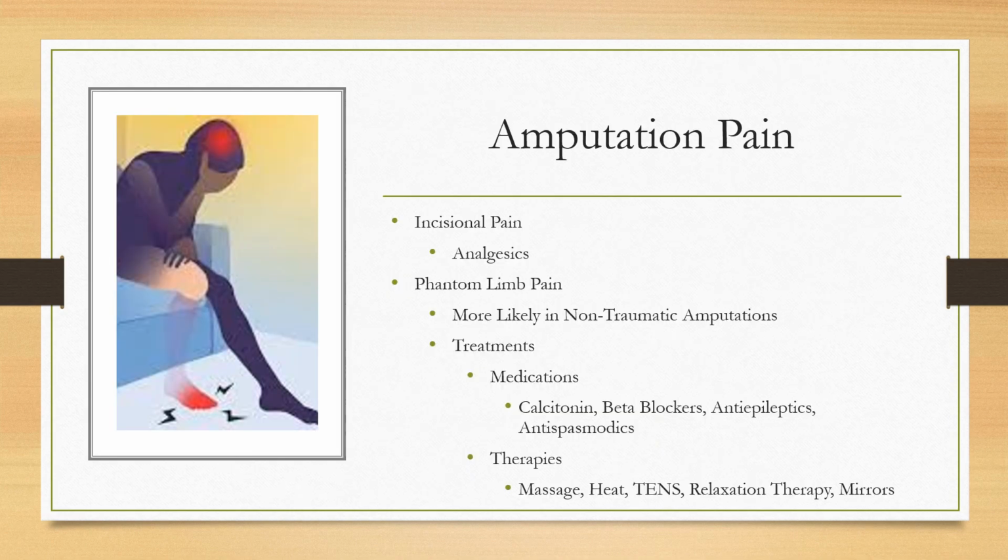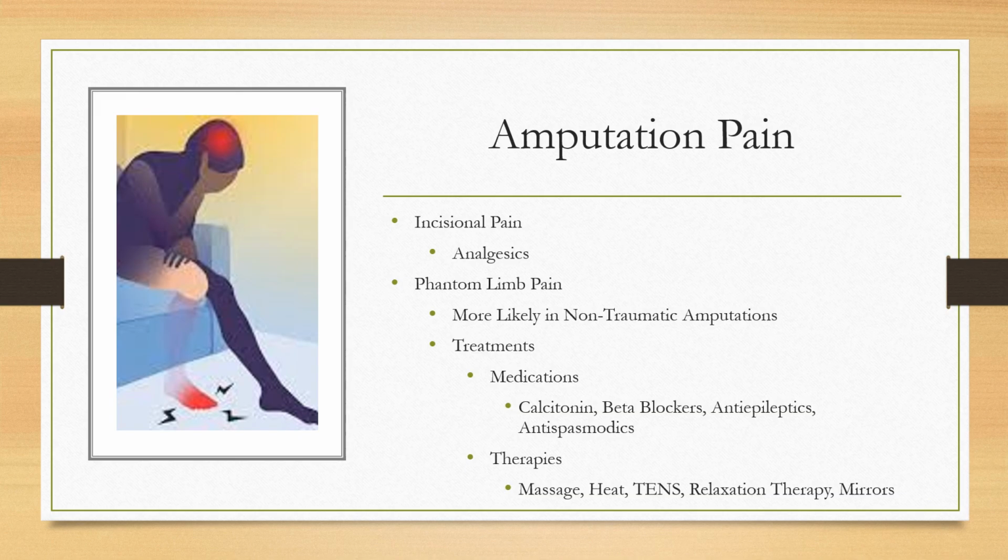Okay, so this is what we were talking about on the slide before in terms of the post-surgical pain, so incisional pain. So opioid analgesics will definitely address that. The phantom limb pain, those opioid analgesics won't really address that kind of pain. And that's where we discussed calcitonin, briefly beta blockers, anti-epileptics are used for all kinds of chronic pain syndromes now.